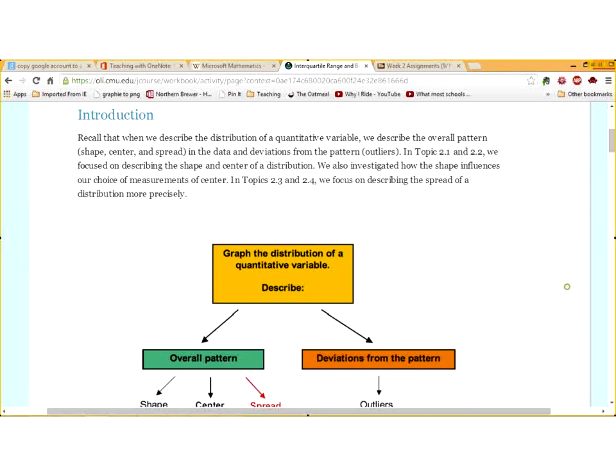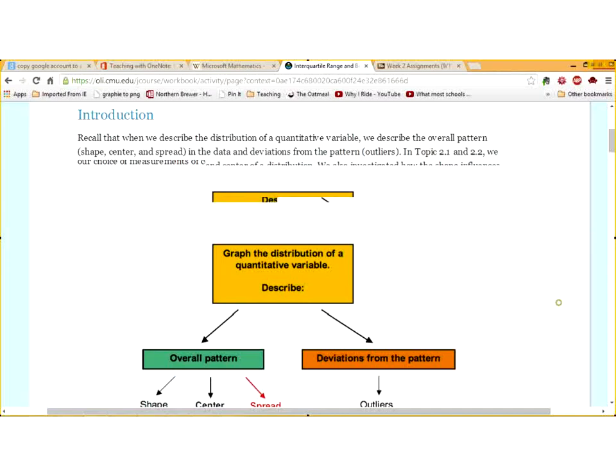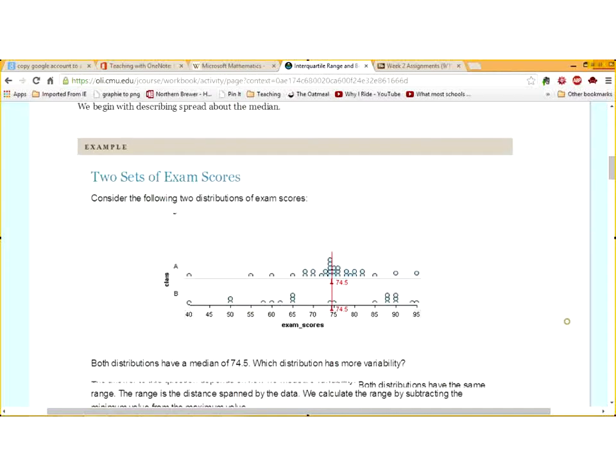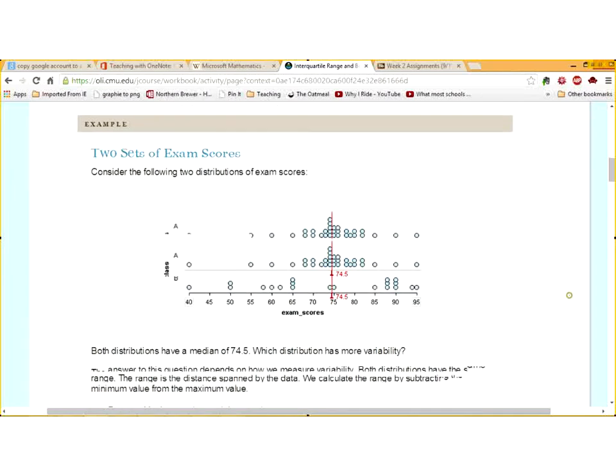Now though, we're talking about spread or variability, how much the data vary. When the data are all close together, there's less variability, less spread. When the data are farther apart, there's more spread. All right. So let's look at these two sets of exam scores.